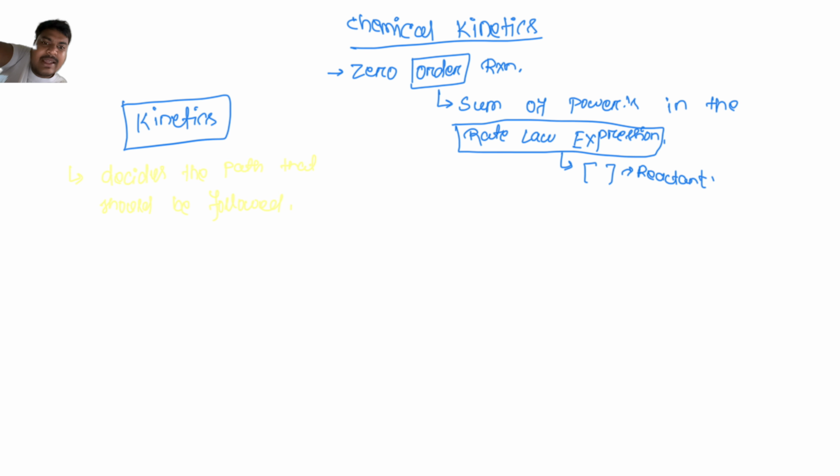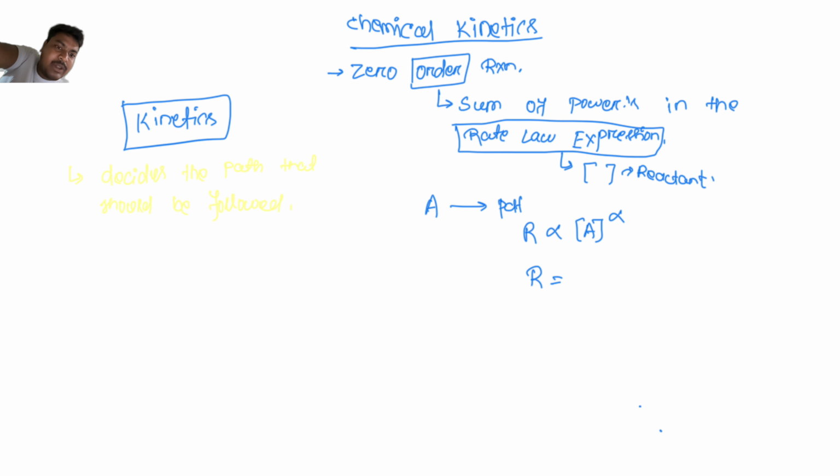Now let us imagine a reaction is going on, A giving rise to product. It's a single step reaction, and all single step reactions are known as elementary reactions in the chapter of chemical kinetics. The rate law for this can be written as rate proportional to concentration of A with the power, let's say alpha. Here alpha corresponds to the order of the reaction.